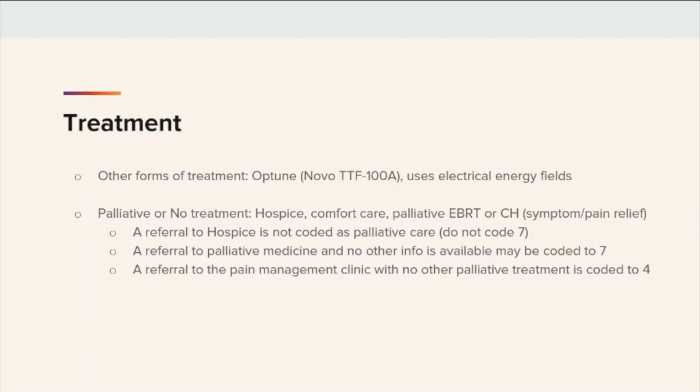A referral to hospice is not coded as palliative care, so we should not use code 7. A referral to palliative medicine with no other information available may be coded to 7. A referral to the pain management clinic is coded to a 4, as long as no other palliative treatment is administered.